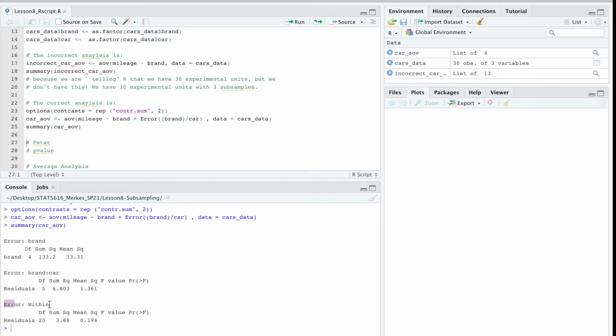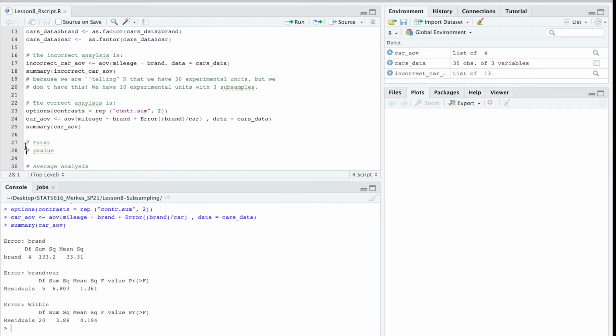Down here, the error within is going to demonstrate our degrees of freedom, our sums of squares, and our MSOE. This isn't as clean as what you would get in JMP, but we're going to work with what we have and still get our answers. So you can notice that you don't have an F value or a P value.